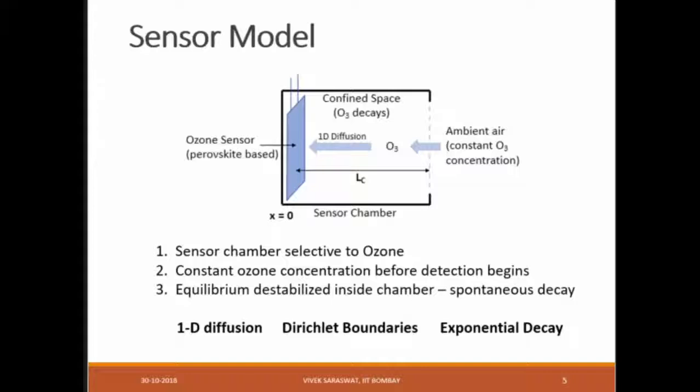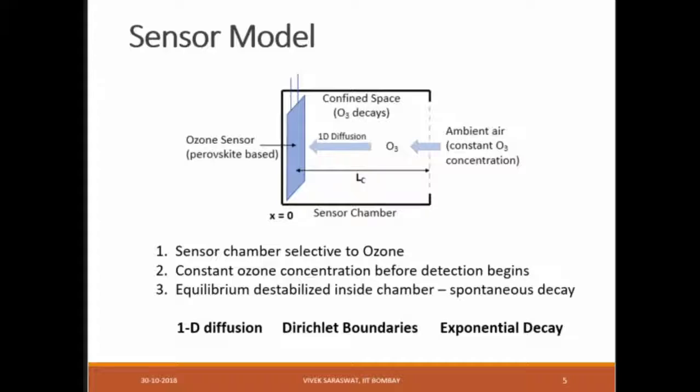The model which we have used here is a simple 1D diffusion model, and the chamber is such that it is selective to ozone. That means it is confined enough that ozone in the ambient versus ozone in the confined space can have different stabilities.